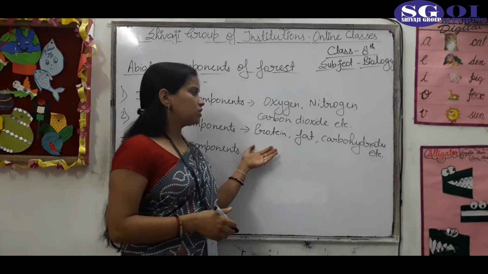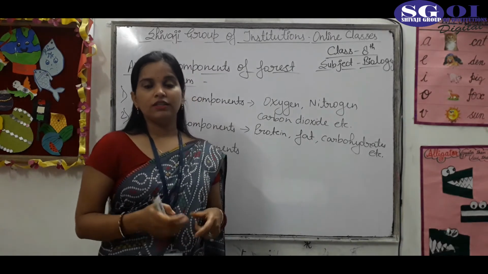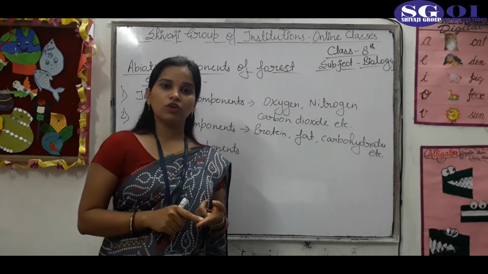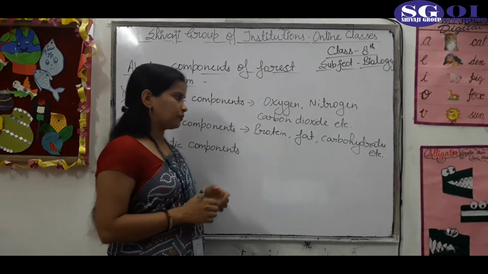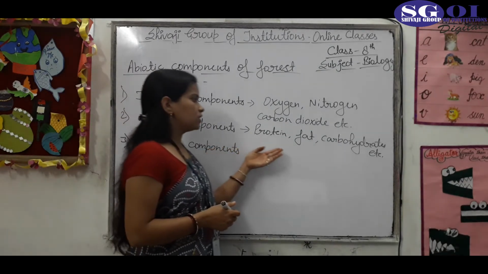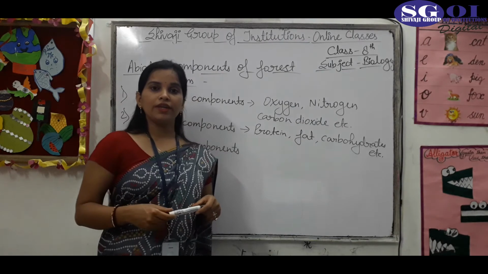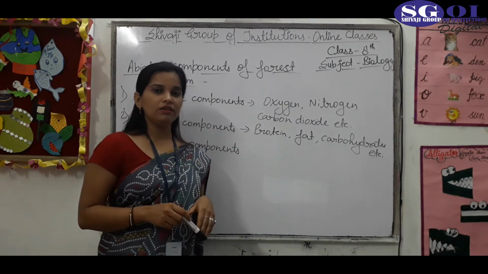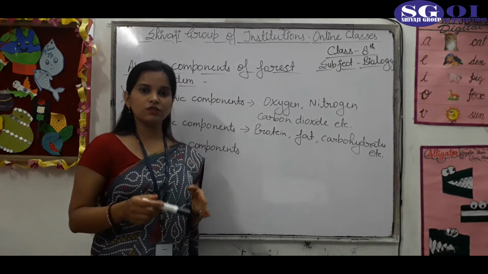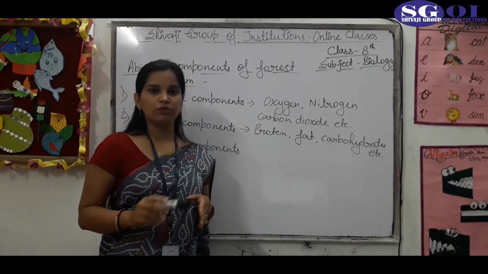So these nutrients are also found in the soil, in the body of the animal and in the body of the plant. Because the first source of these nutrients is the plant. When any animal eats the plant, these nutrients get transferred from the body of the plant to the animal body.